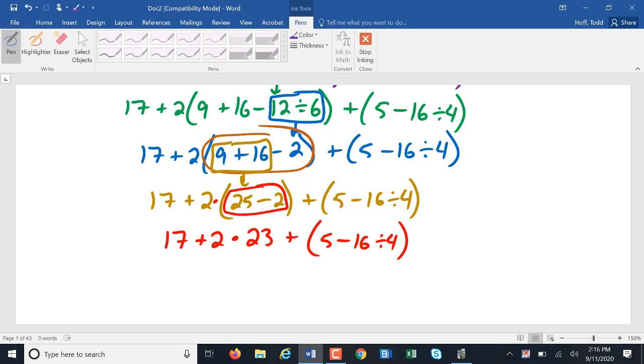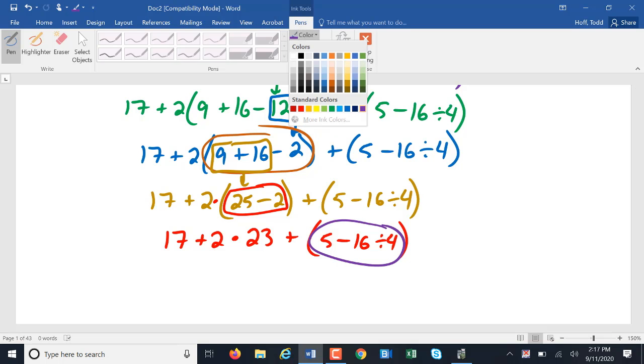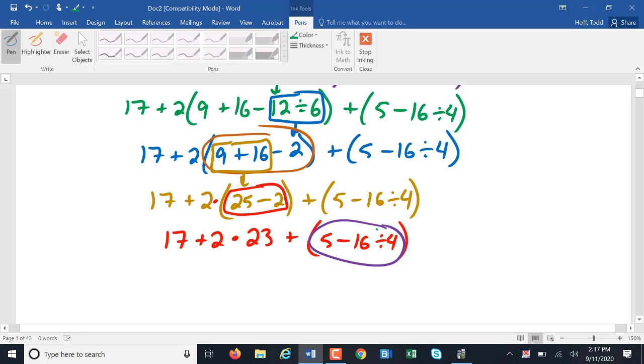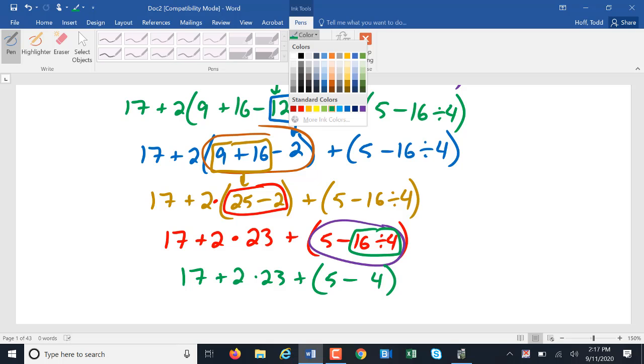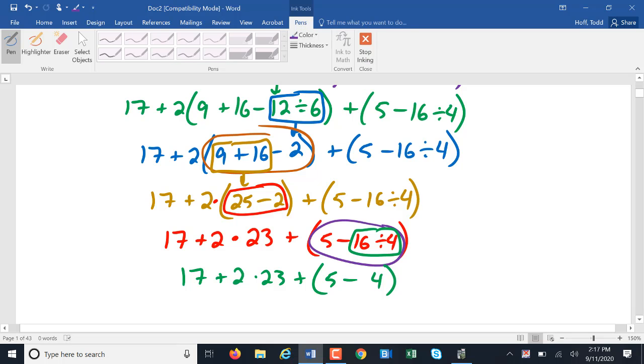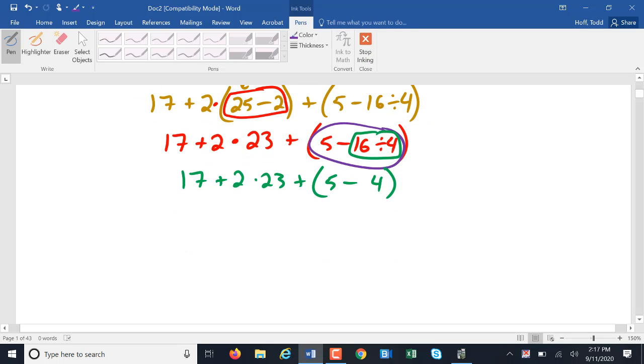What's the first piece we have to do inside that set of parentheses? The 16 divided by 4, which is 4. Good. And of course, finally, in that parentheses, we have to do 5 minus 4, which is 1.